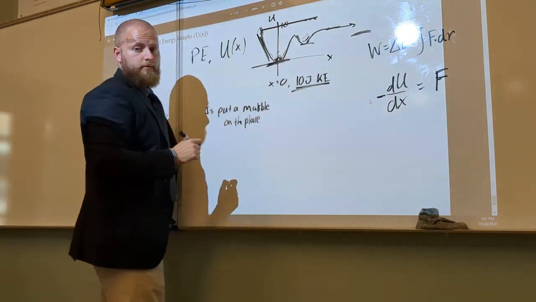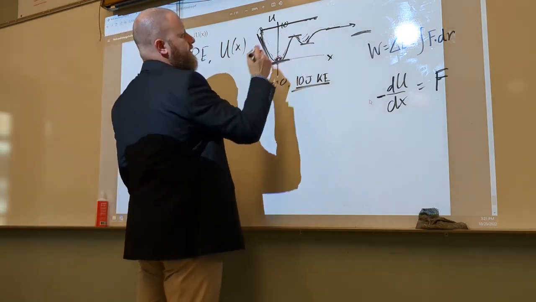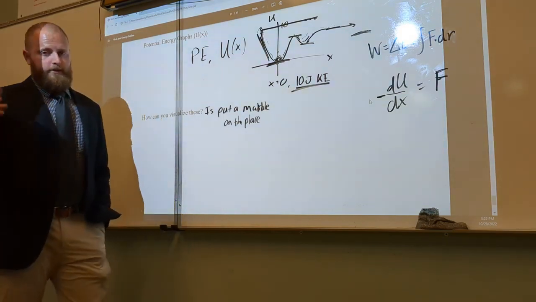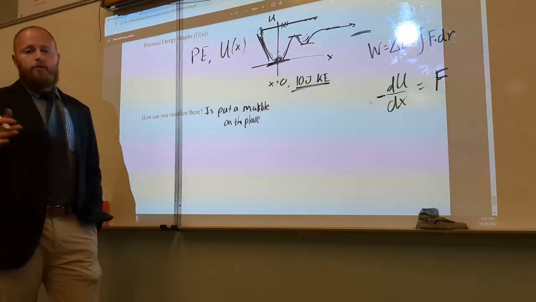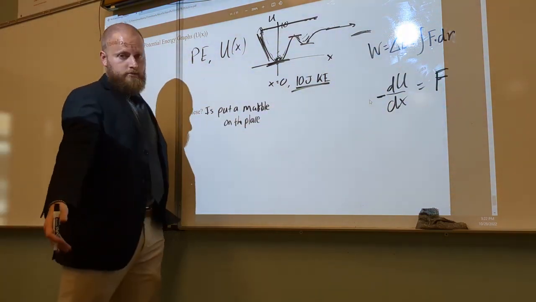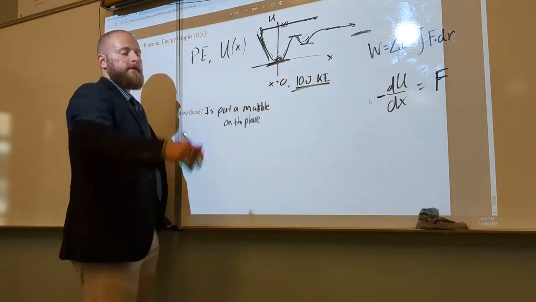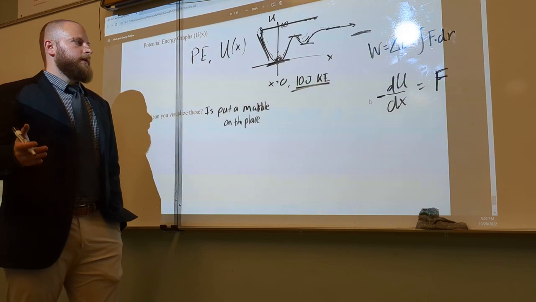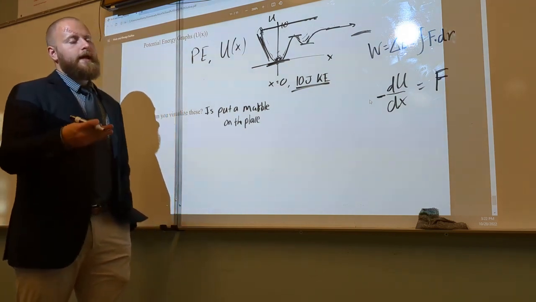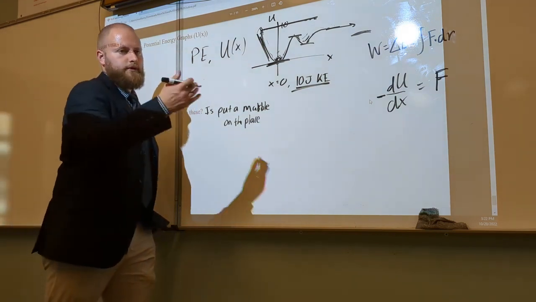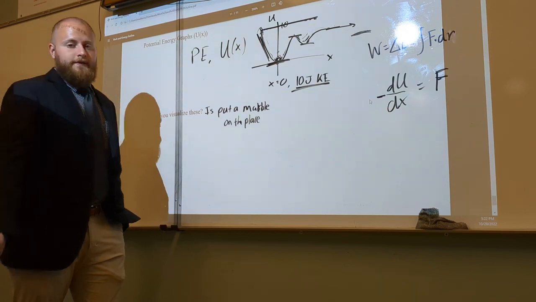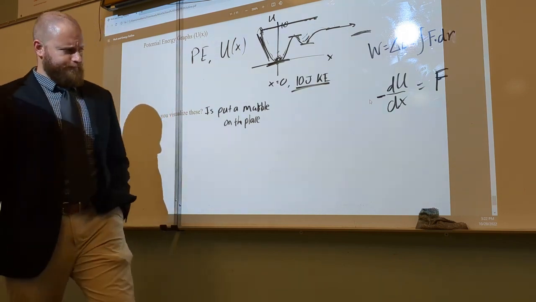This is an equilibrium point because the force is 0. And this is an equilibrium point because the force is 0. You can only end up at an equilibrium point on a potential energy curve, because at any other spot there's a force pushing you, and you can't stand still when you have an unbalanced force pushing you.